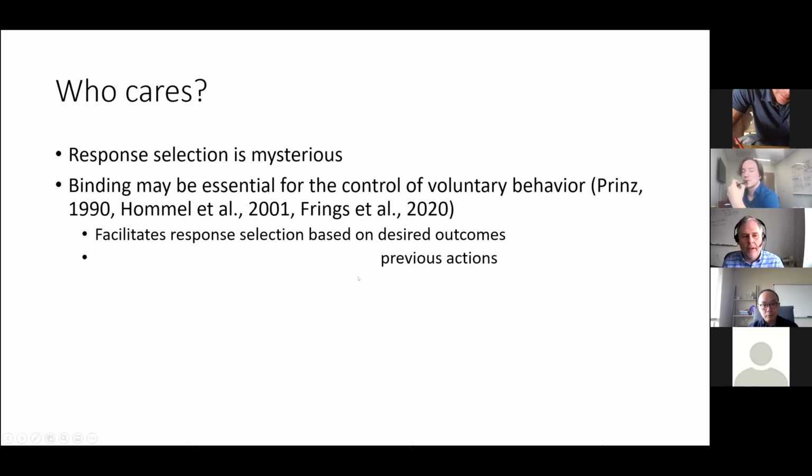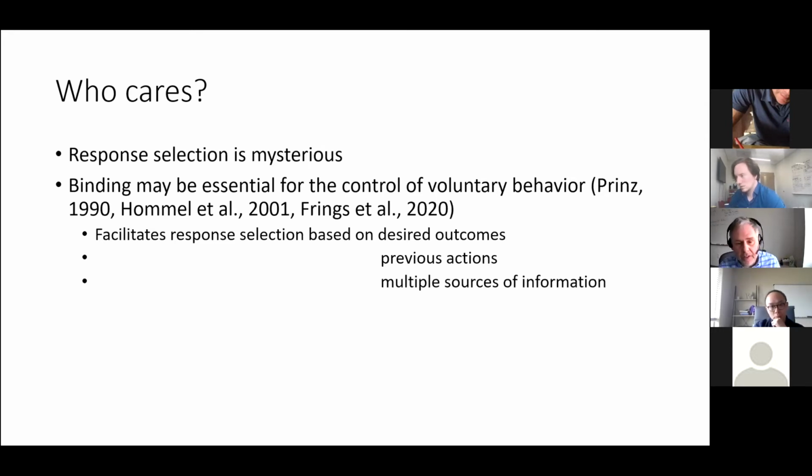It's also true that using binding helps you select action based on previous action. So the idea that partial information that's available to you in the environment may help you select a response even when you don't have the rest of the information might be useful. So it's a way of helping response selection based on previous experience.